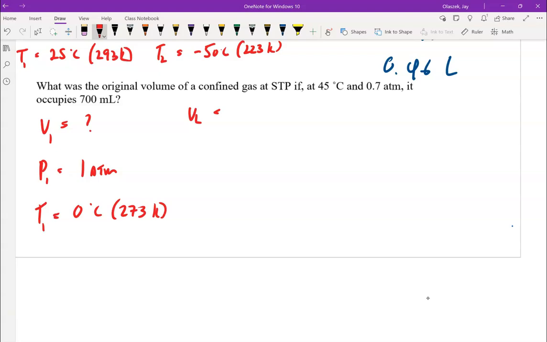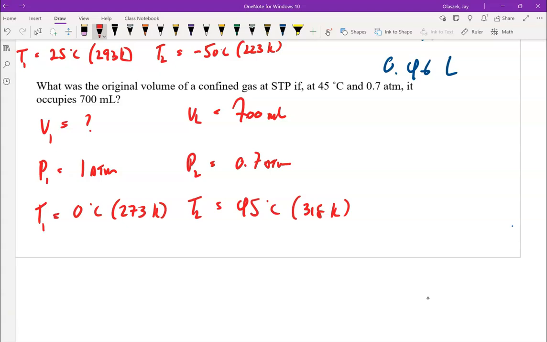It has a new volume of 700 milliliters, and we are changing the temperature to 45 degrees Celsius. That is 318 kelvins. And we're changing the pressure to 0.7 atmospheres. So, we're looking for the original volume that it would have at STP, if these are the conditions that it has a volume of 700 milliliters. So we're trying to find V1.